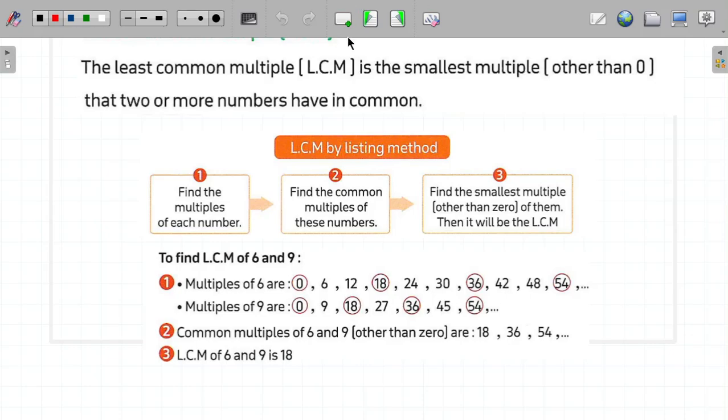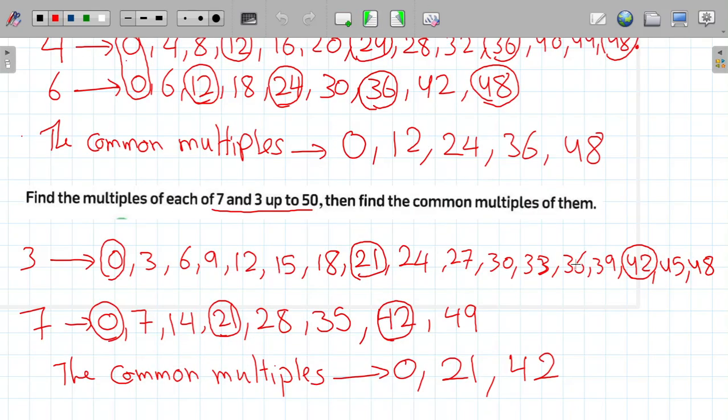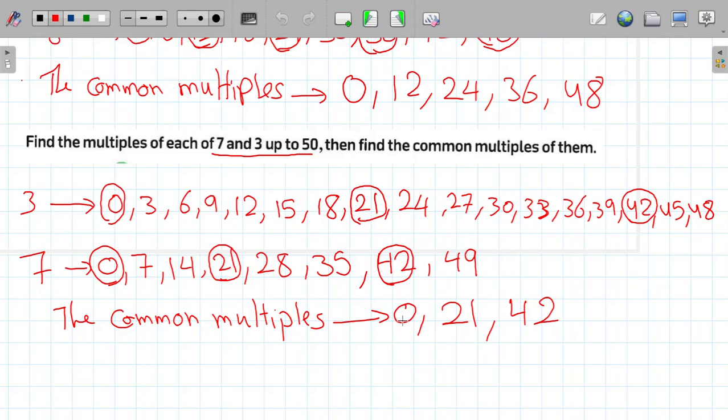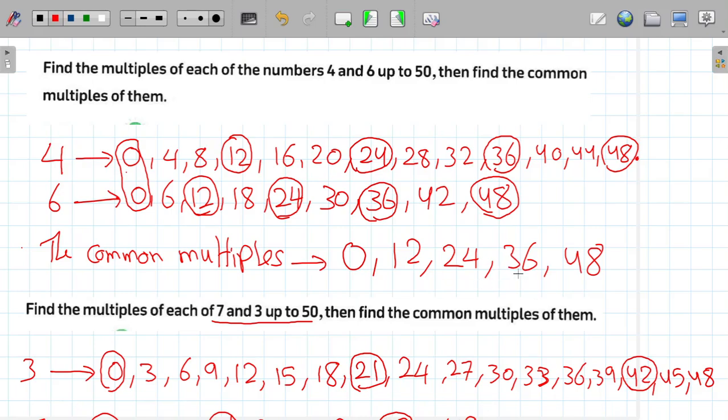So, like the last example here, if I wanted to find the least common multiple, I will cancel 0 here. So I can say that the least common multiple here is 21. And here, I wanted to find the least common multiple. So I can say that 12, the smallest number, is the least common multiple. And I will cancel 0. Okay?